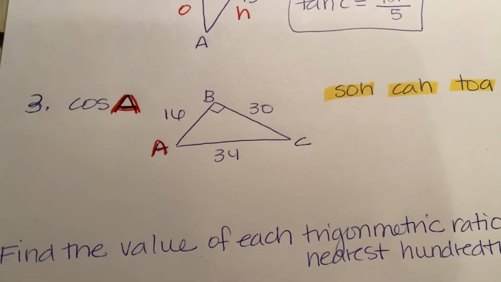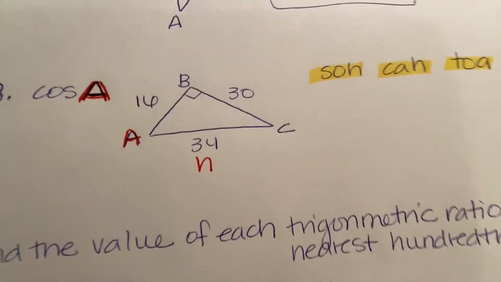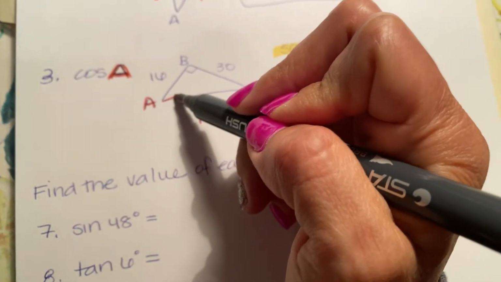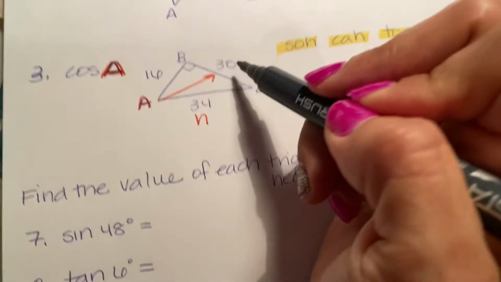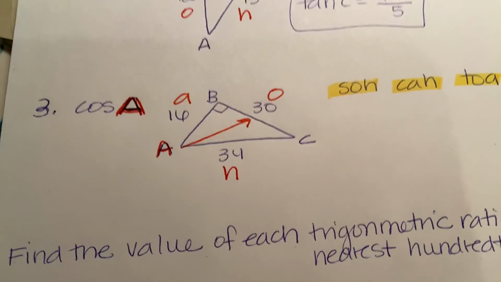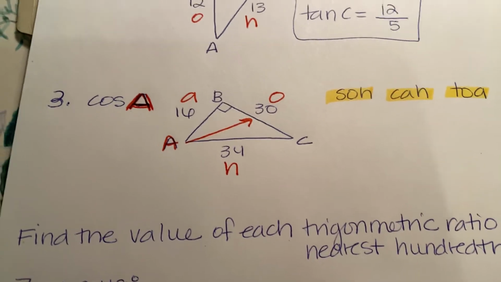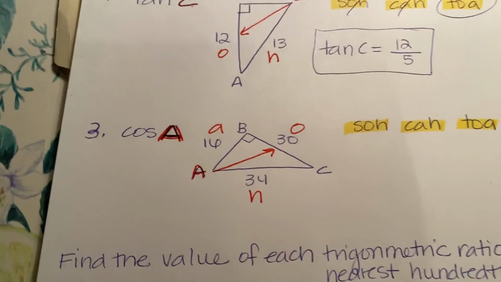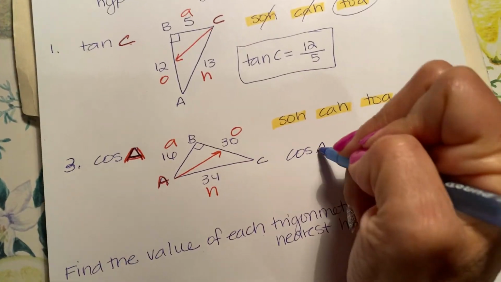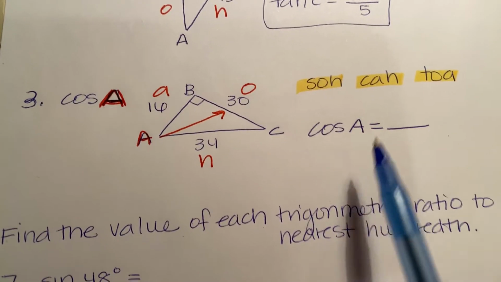Now you're going to label OAH. Hypotenuse is always opposite the 90, so that's 34. Now your legs: this is angle A, so 30 is opposite and 16 is adjacent. There's my labeling of opposite, adjacent, hypotenuse. Now focus on what I want: I want cosine of A. I'm writing it over here so I can have more space.